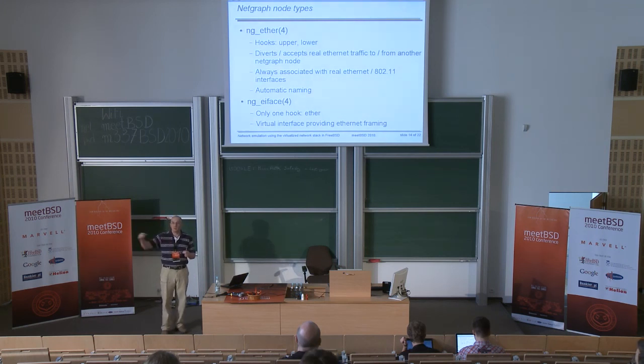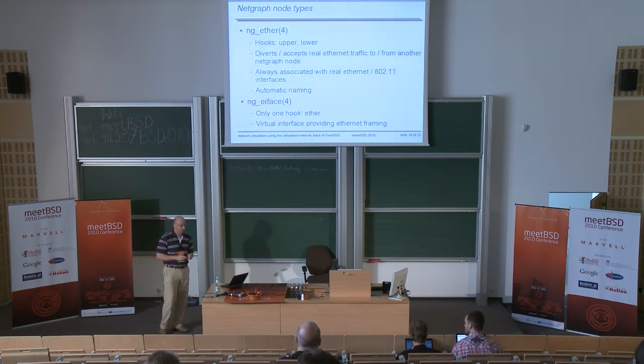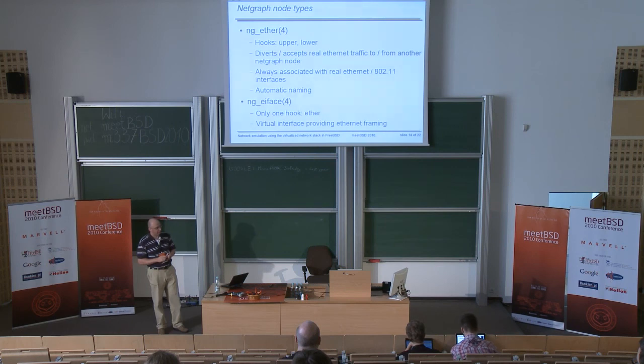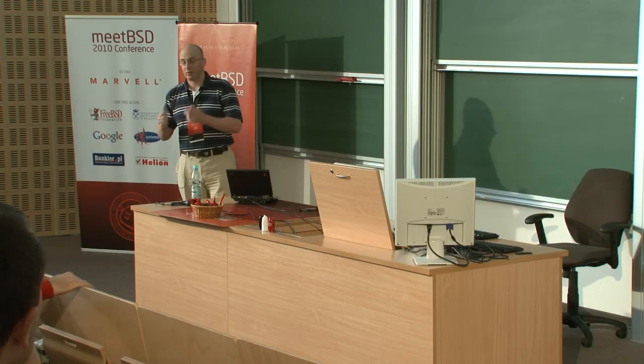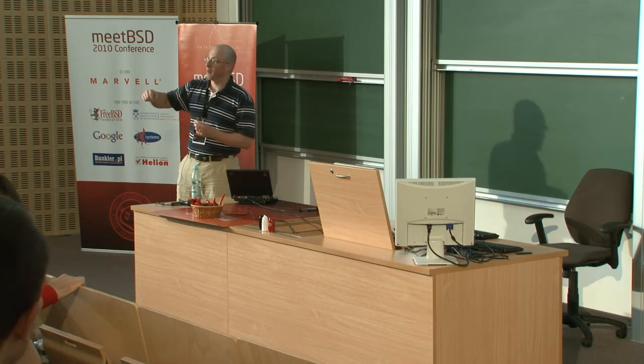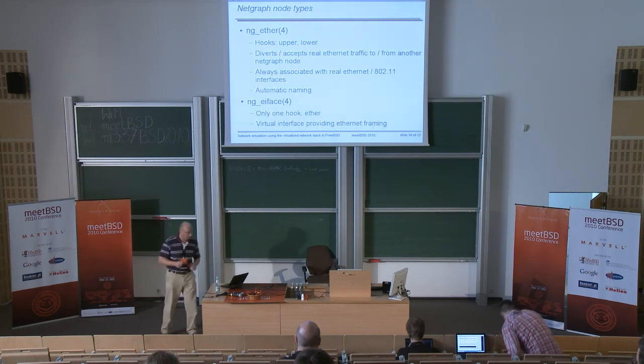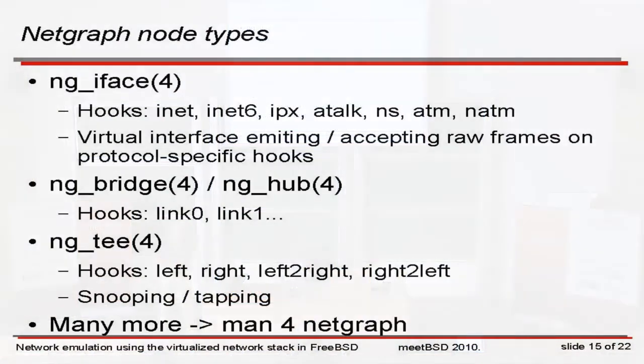We can intercept them and route them through an arbitrary setup of netgraph processing elements. ng_eiface is a virtual Ethernet interface which only has a netgraph hook on its bottom. So it has to be connected to a netgraph bridge or something like this to be useful. And so on and so on.